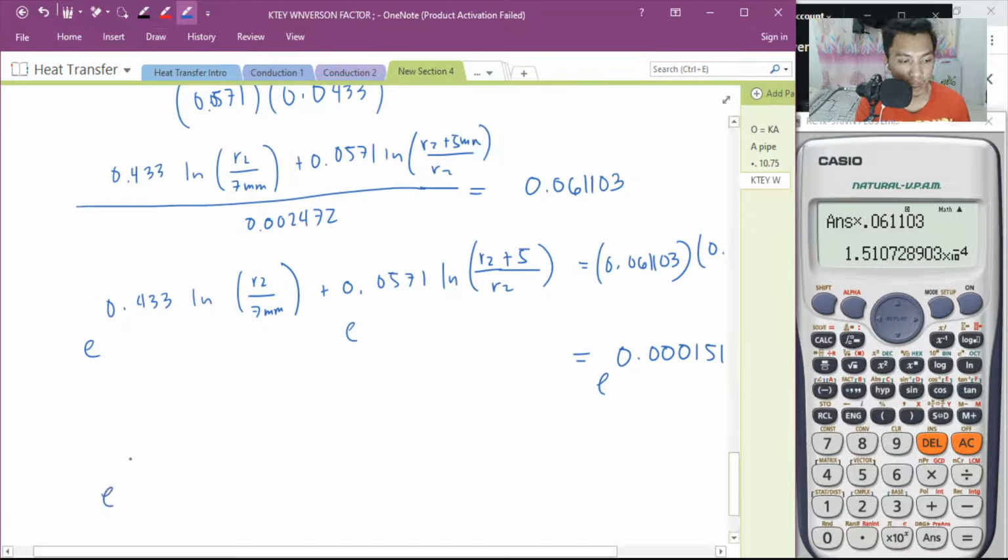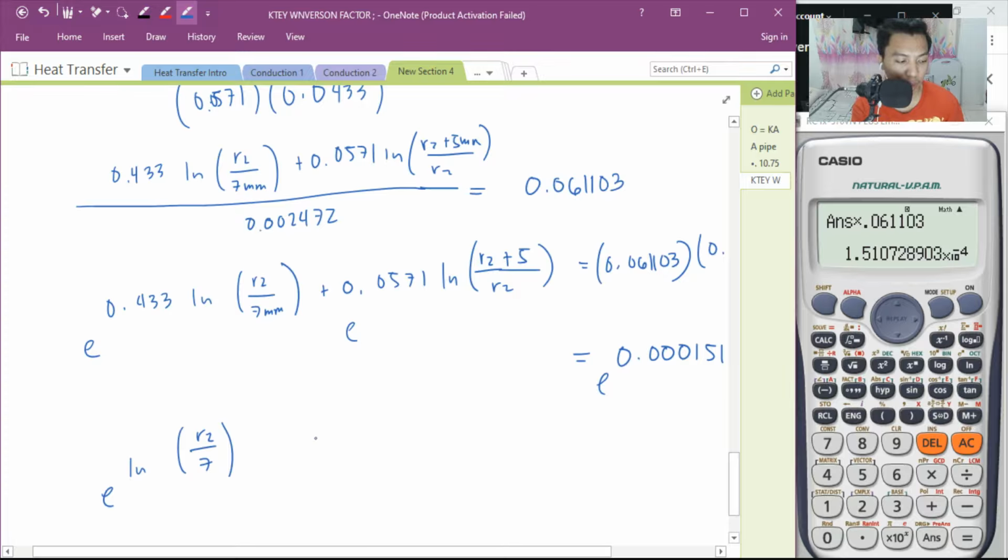Pakita ko sa inyo. e, ln ni R2 over 7 raised to itong value nito, 0.433. Ay, babalik din eh. Matagal talaga mag-solve nito.